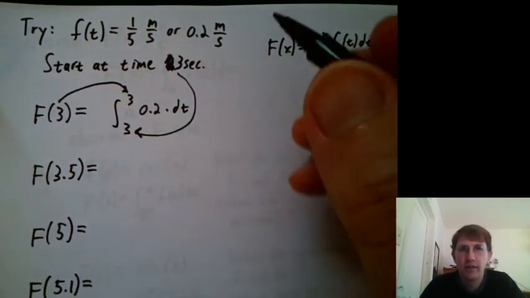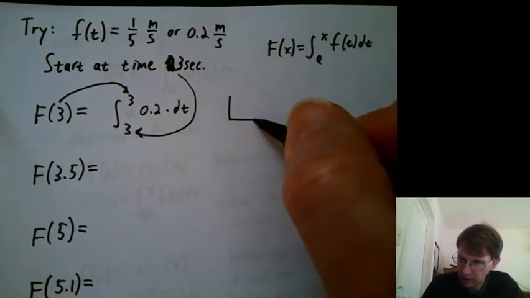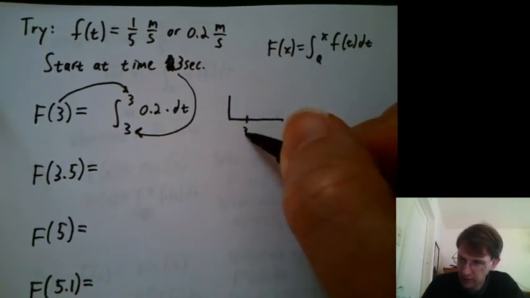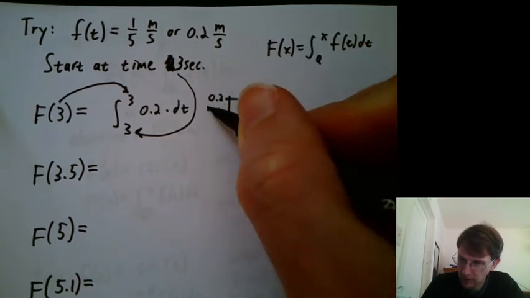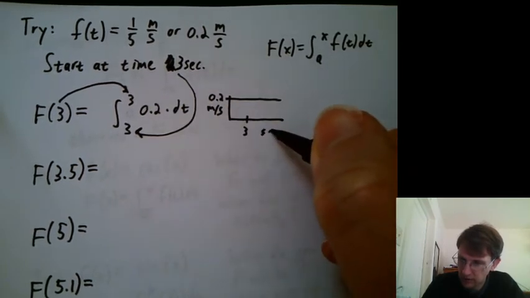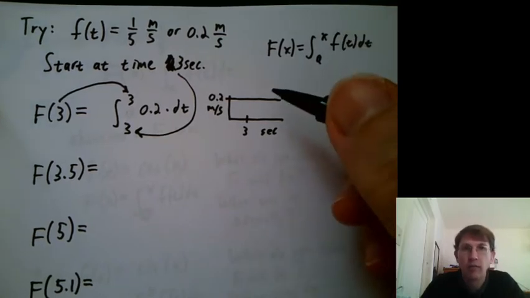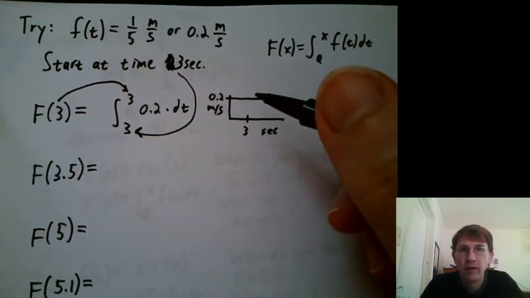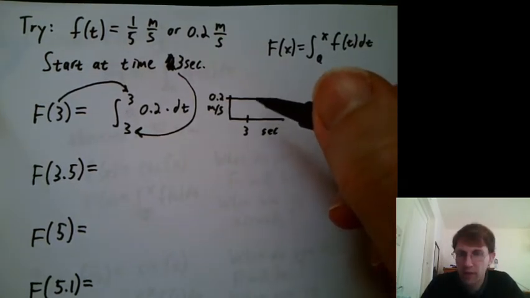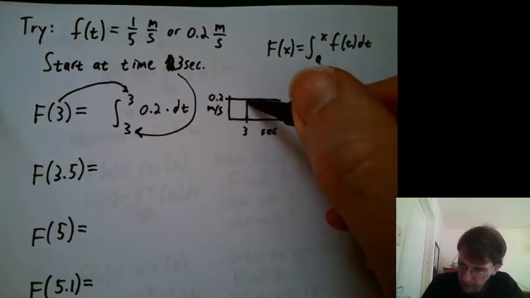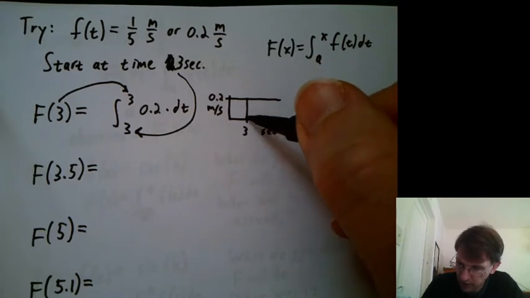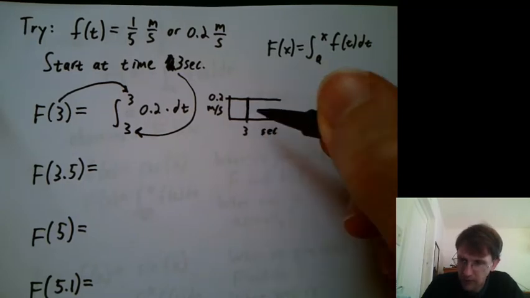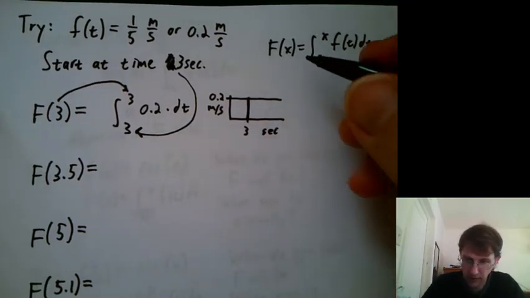And what is this integral? Let's draw it out. Here we are at time 3. Here's our function value at 0.2 meters per second. This is in seconds. The integral from 3 to 3 would be a box that is 0.2 meters per second tall and starts at 3 and ends right at 3. So basically a box of 0 width.